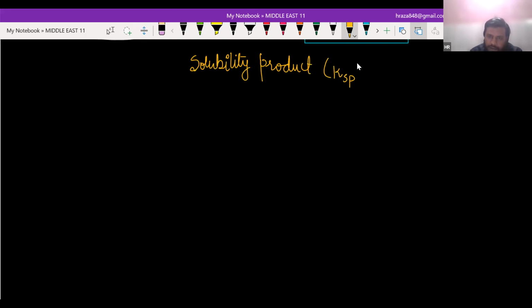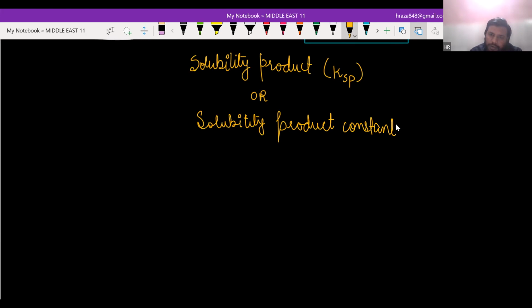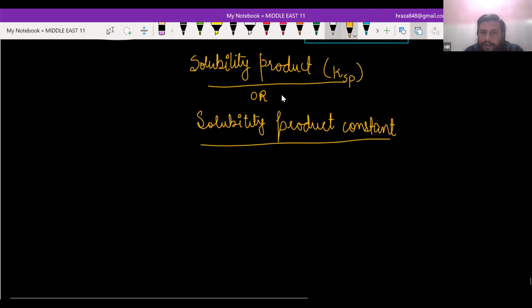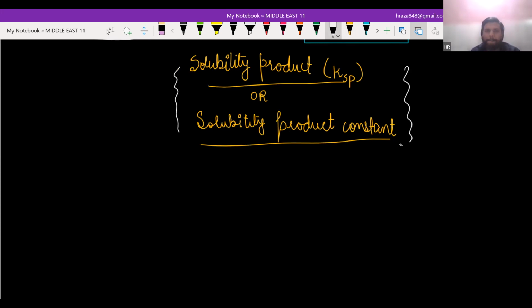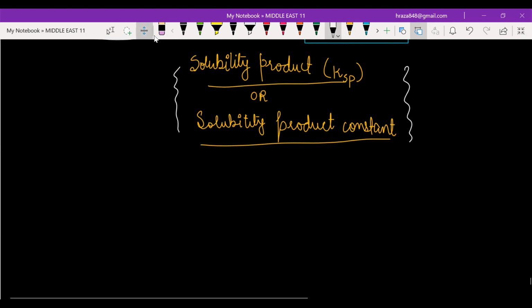We denote it as Ksp, or we also say solubility product constant. Solubility product constant, that is Ksp. Is this clear, everyone? Done with the heading? Yes, sir.